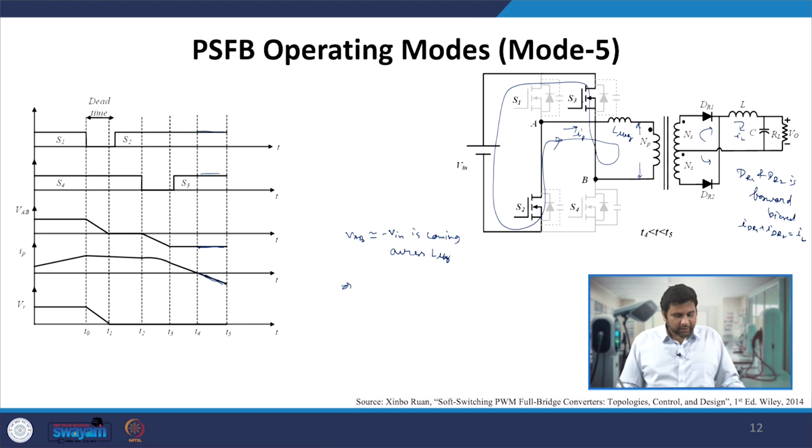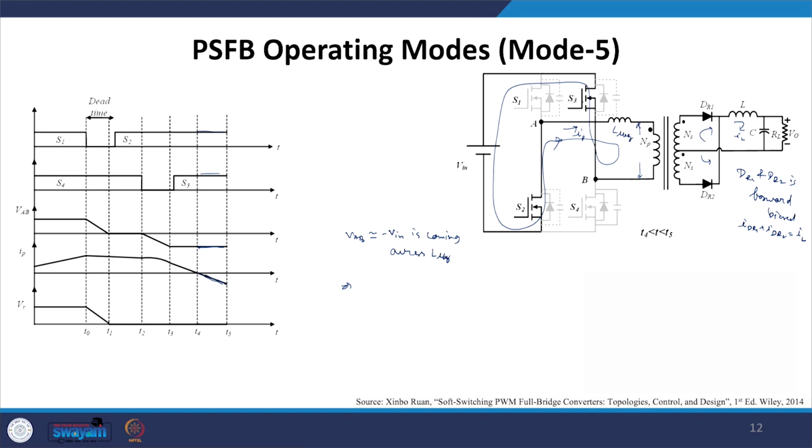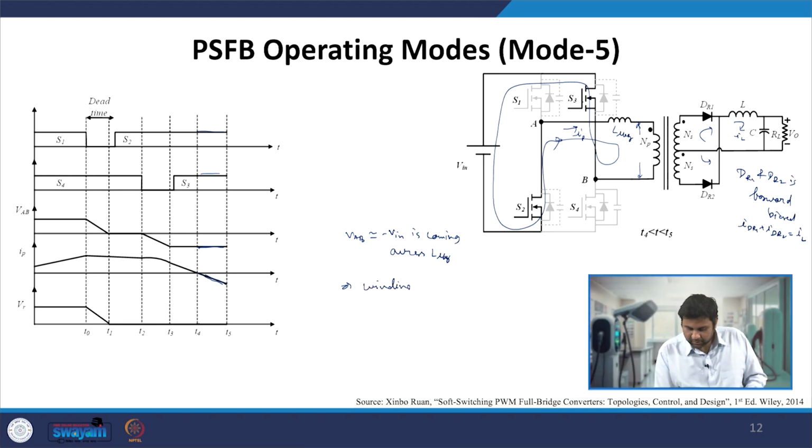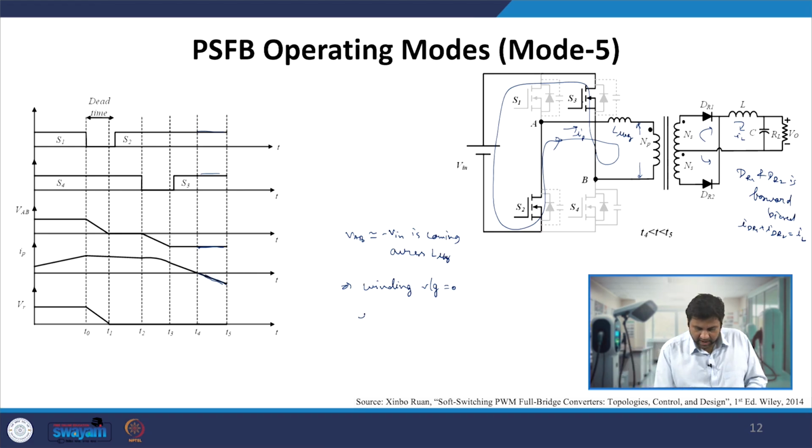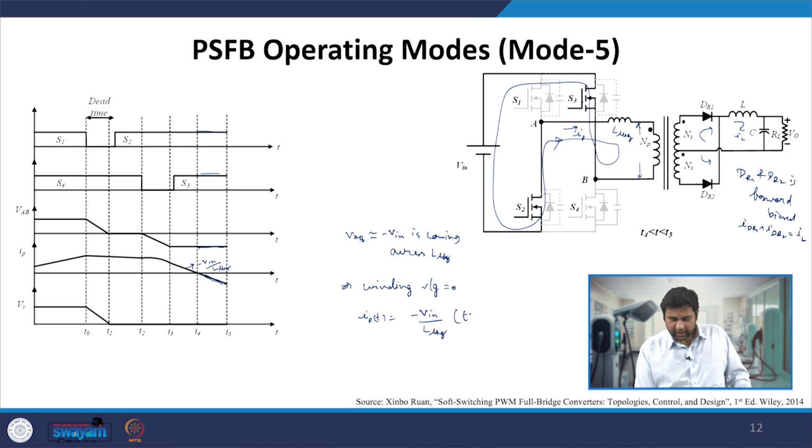So let us try to find the expression for this. Here the winding voltage is still equal to 0, so the entire VAB is imposed upon this L leakage. So we can write IP of t has a slope of minus V in by L leakage, going on t minus T4.